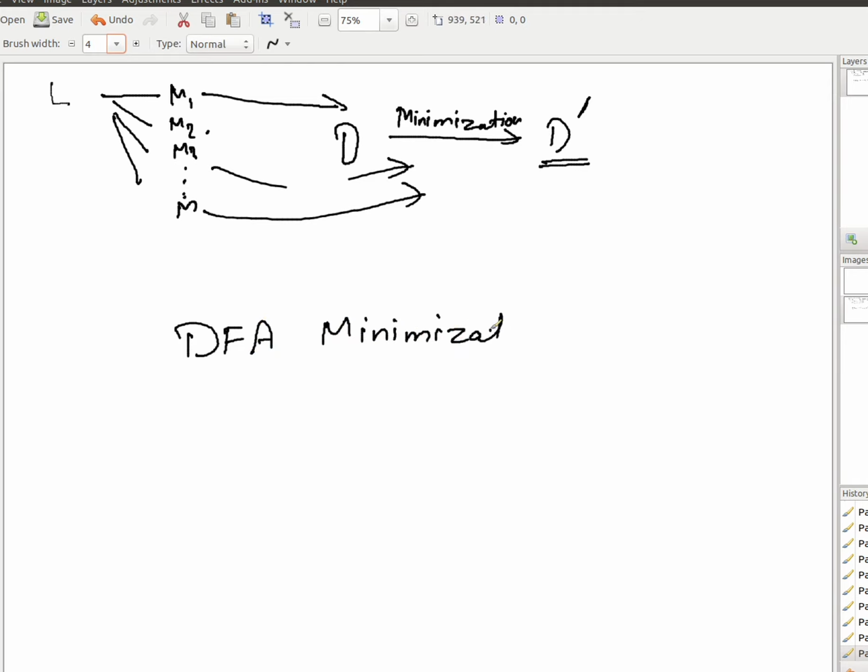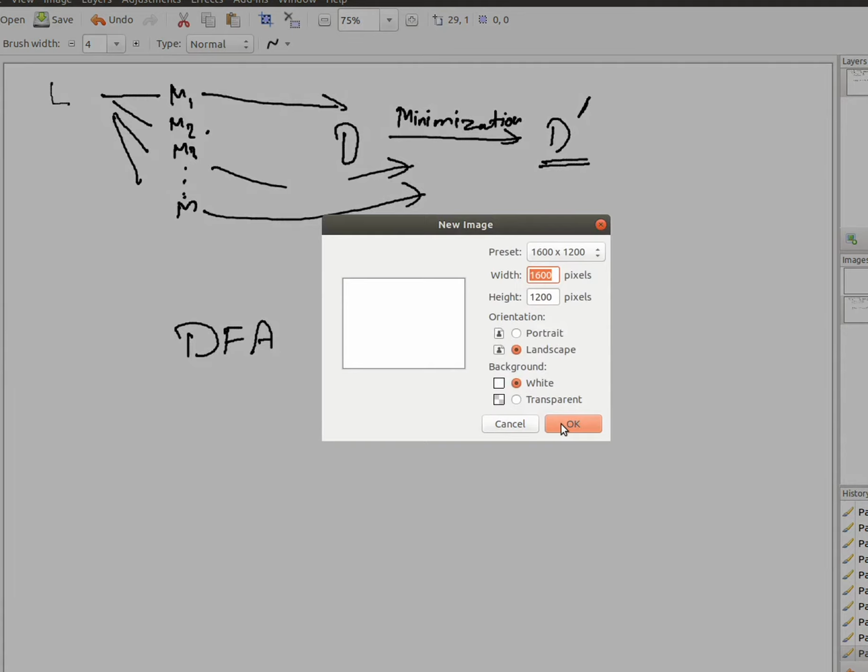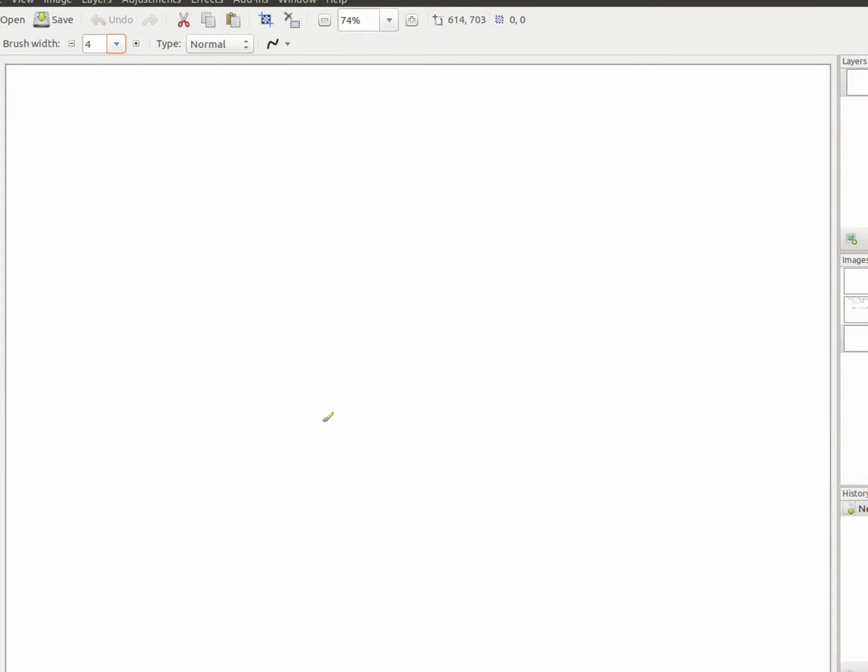That is the topic that we are studying. Before really starting the minimization, let us define a few terminologies. There is something called equivalent states.